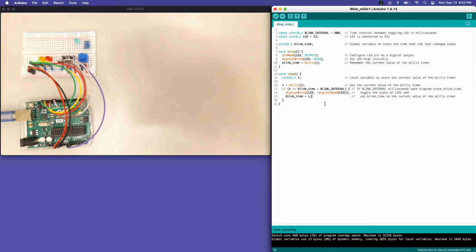And this will run quite nicely for 2 to the 32nd or so milliseconds, which works out to be about 49.71 days. But if your code runs longer than that, what will happen is that when the Millis timer gets up to 2 to the 32nd minus 1, which is the largest number that you can represent with 32 bits, the next time the clock ticks, 1 millisecond later, the value of t that we would get will wrap back around to 0.